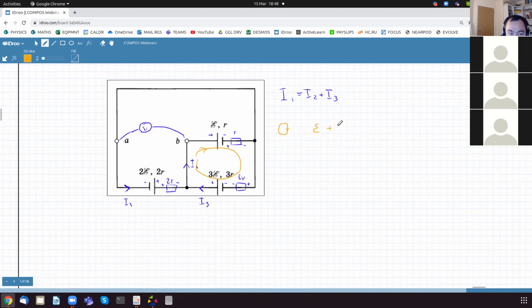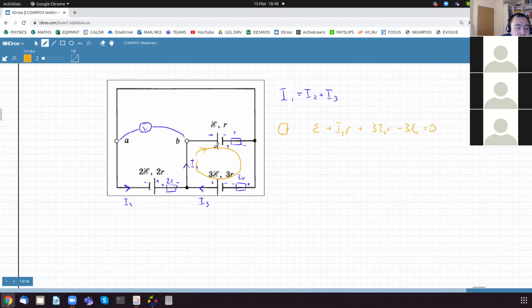So plus I1R. Then we go from plus to minus. So it's plus 3I3R. And then the battery is minus, so it's minus 3 EMF. And that's equal to 0.